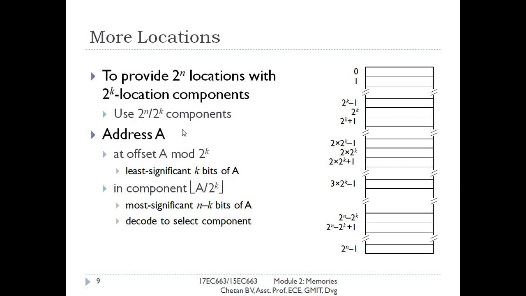The address here will have 2 components. The least significant k bits of the address will be the actual address of the data present in one of the locations in one of the components. To select a component, n minus k bits of the address are used.